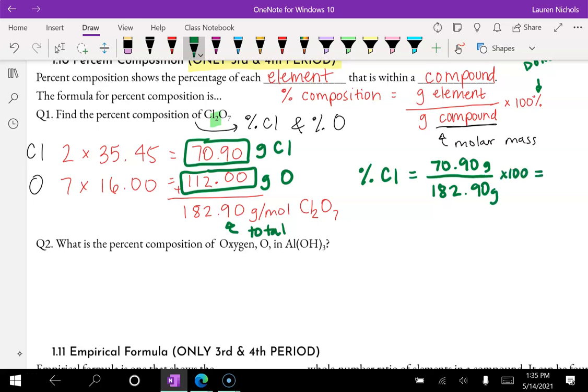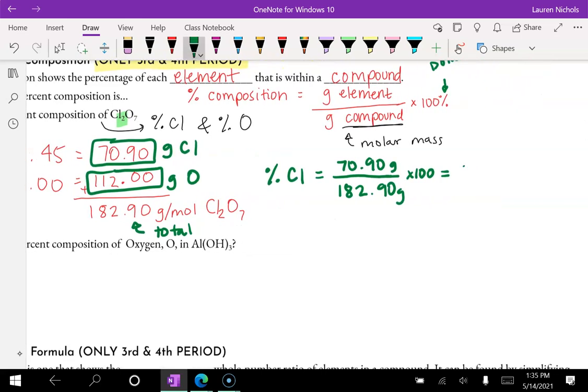When we do that in our calculator, remember that the 70.90 has to go in your calculator first, we get 38.8% chlorine. So that means out of all of that 182.90, 38% of it is chlorine, which means the majority of it is the oxygen.